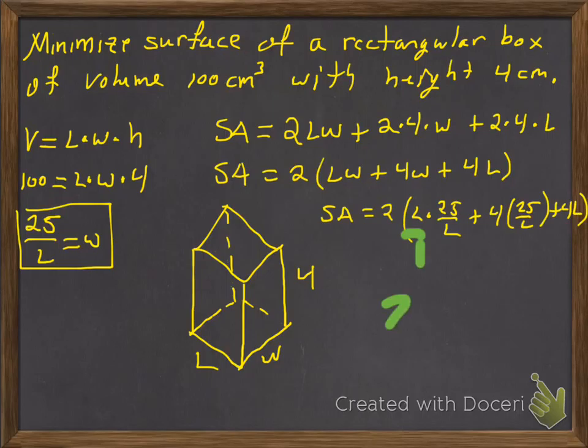So then that's going to give you 25L over L. And those L's will cancel out just like that. Okay. Let's go ahead and simplify inside there. So your surface area is going to be equal to 2, and then the L's cancel, so we just got 25 plus 100 over L plus 4L.